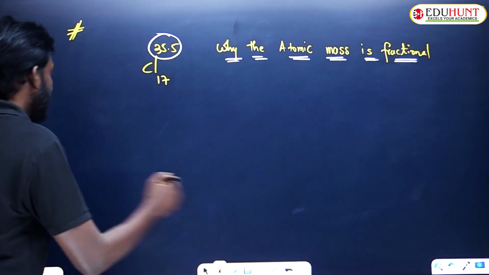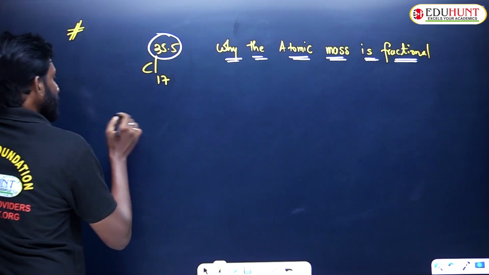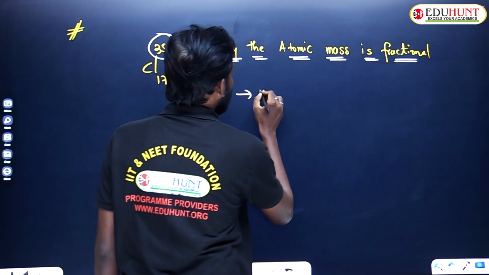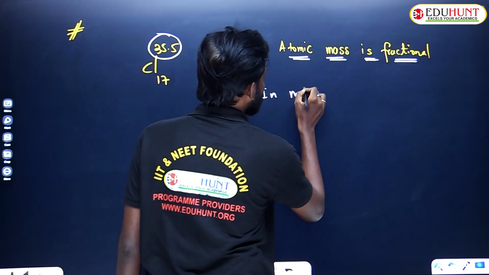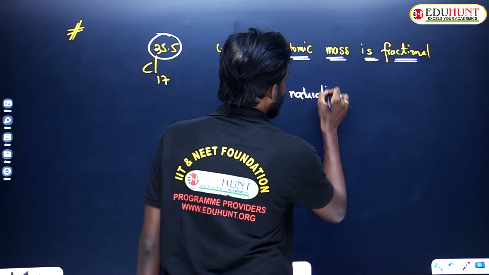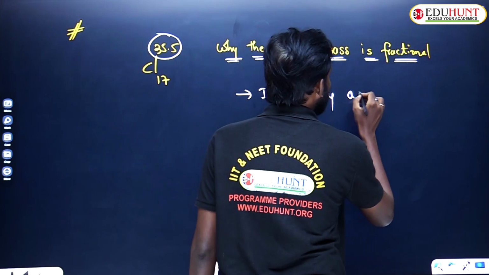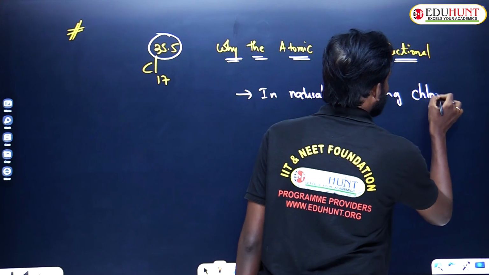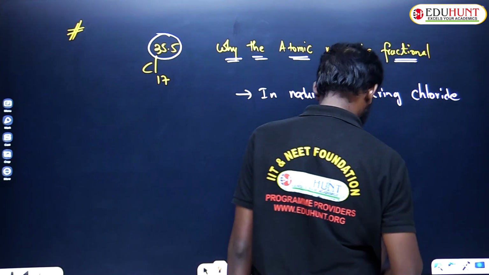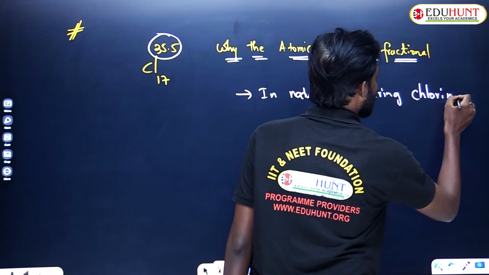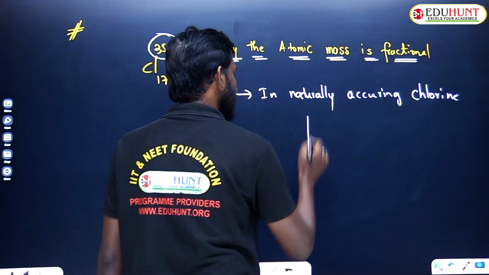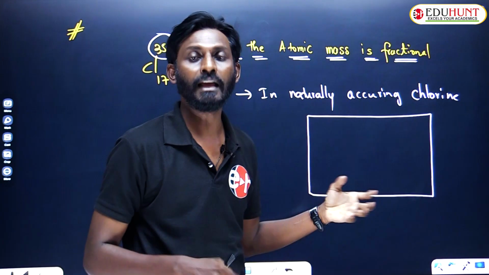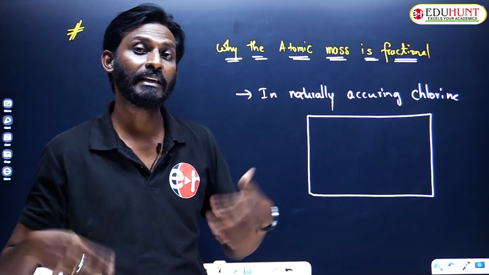But the point is, in naturally occurring chlorine, suppose this is a container having some naturally available chlorine.